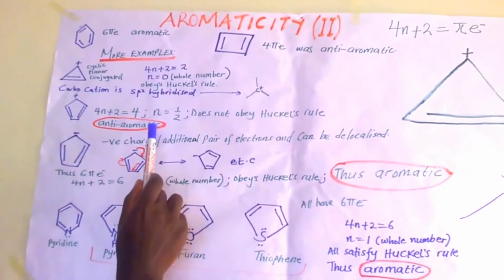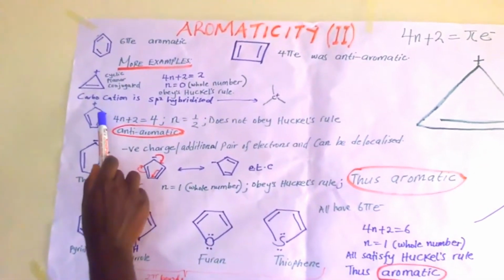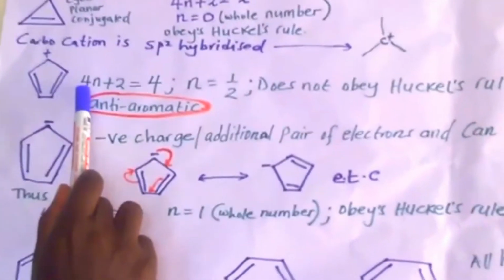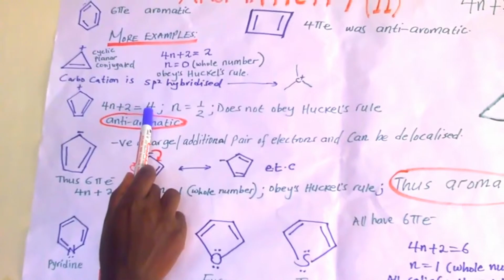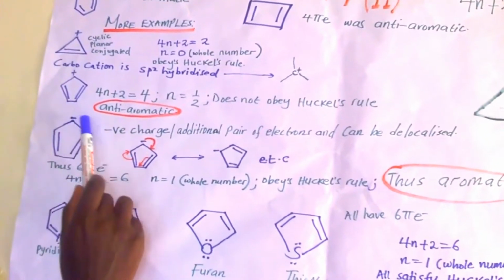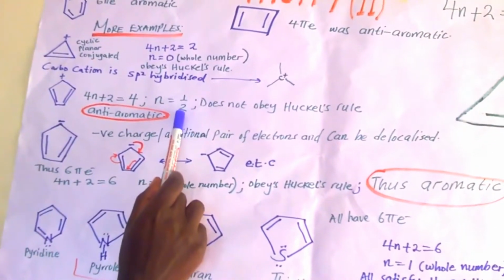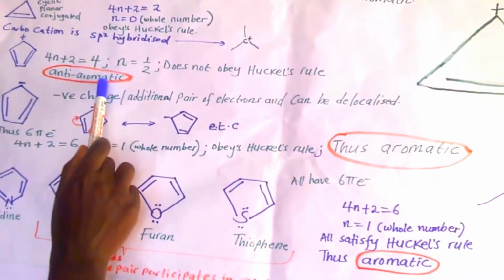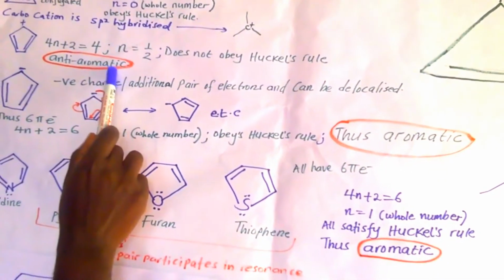Another example we are going to look at is this compound here, still with the carbocation. Our 4n plus 2 is equal to 4 electrons because of the 2 pi bonds. So n is a fraction, n is a half. It does not obey Huckel's rule. Therefore, it's classified to be anti-aromatic.